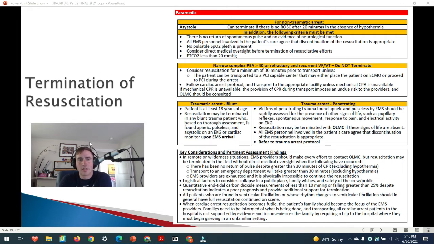Now, something that I'm not going to cover in great detail, but I think you all will find more clear than our previous protocol, is trauma arrest. If the patient is 18 or older and it's a blunt traumatic arrest, you can terminate or withhold on any blunt trauma patient who is apneic, pulseless, and asystolic on the EKG or cardiac monitor upon your arrival.